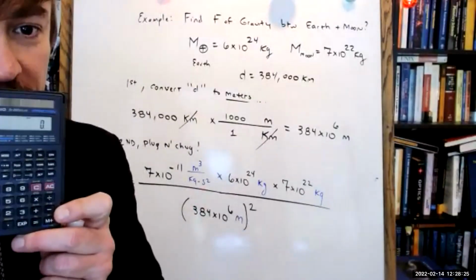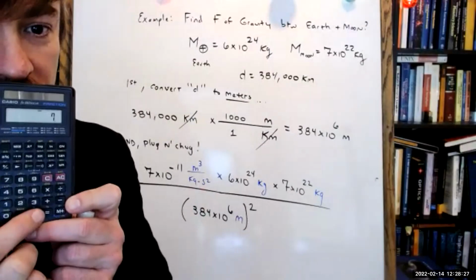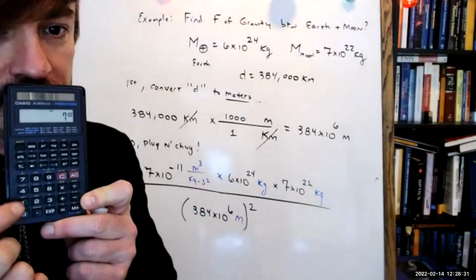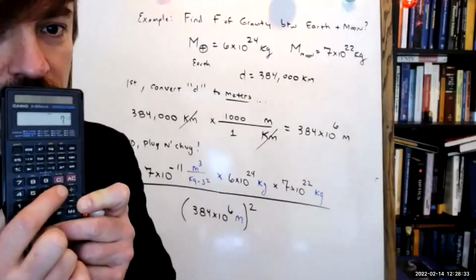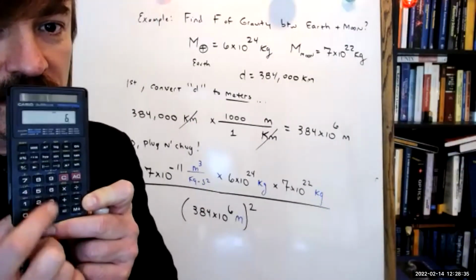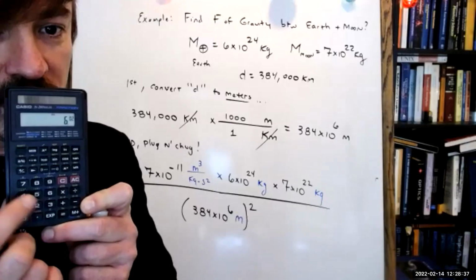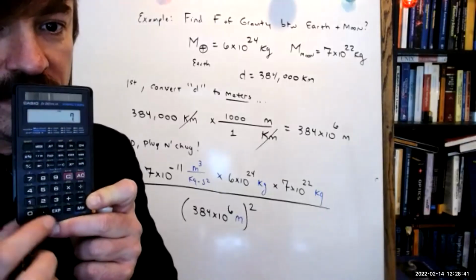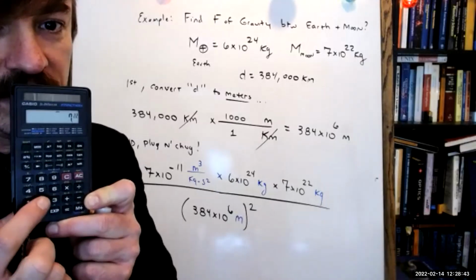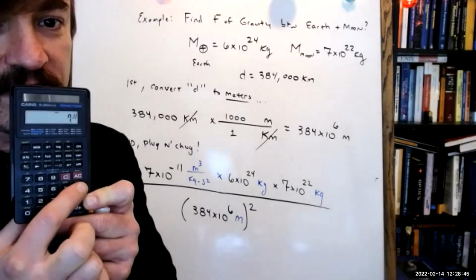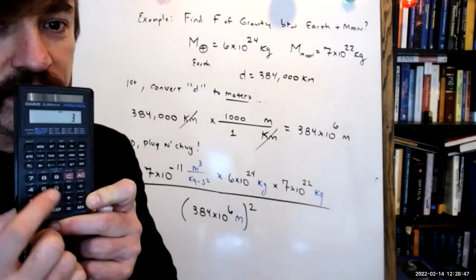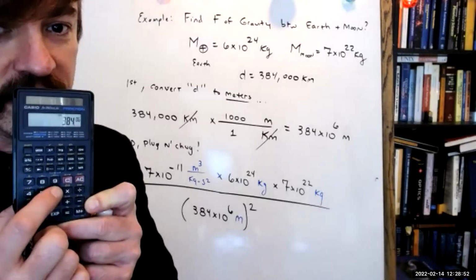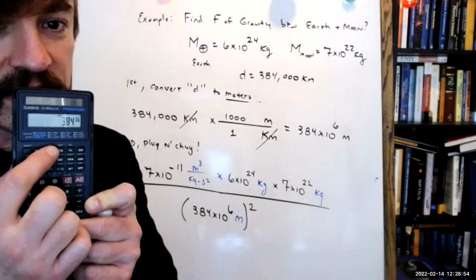We'll start with big G. 7 exp negative 11 times 6 exp 24 times 7 exp 22. Watch this, no parentheses. Divide by 384 exp 6. Now I'm going to hit the square key because I got to square it.